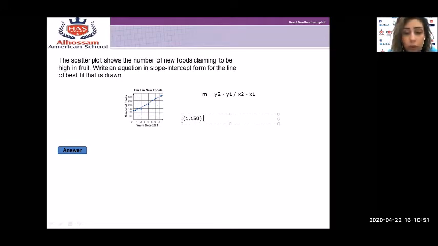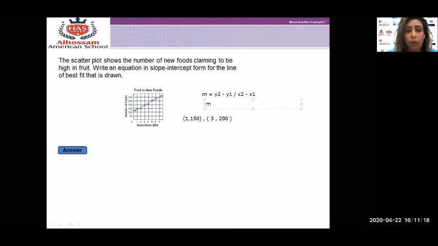And the second point I can take is (3, 200). These are the 2 points I can get from the line. And guys, try to choose the easiest points, okay? Don't be confused. So I'm going to apply the rule.